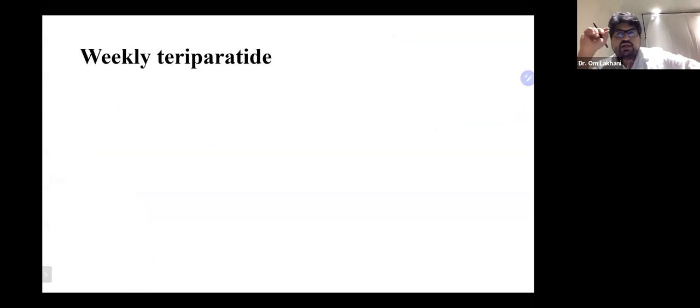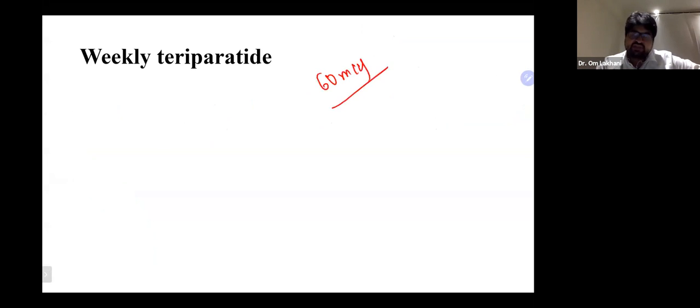There is an interesting study done by a particular group in Japan where they analyzed weekly teriparatide. Instead of giving teriparatide 20 microgram daily, they gave patients 60 microgram once a week. They did a randomized control trial.